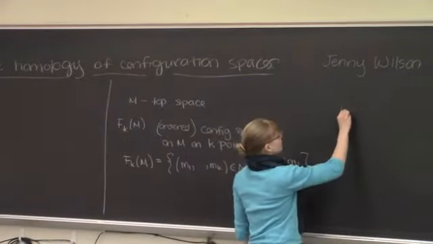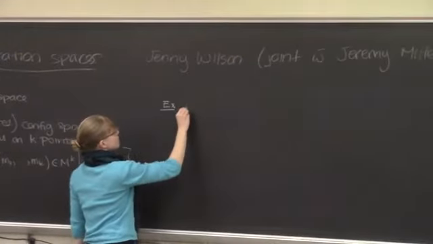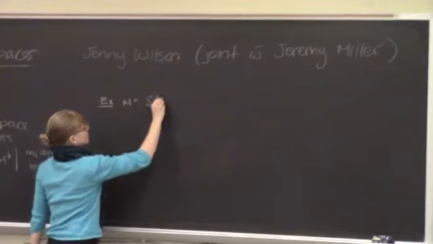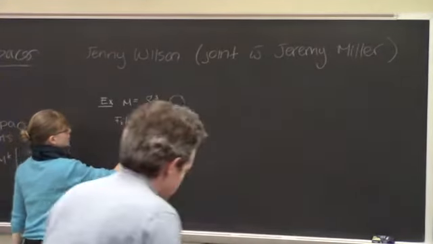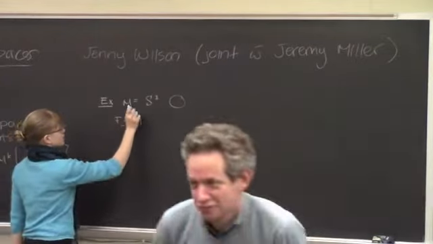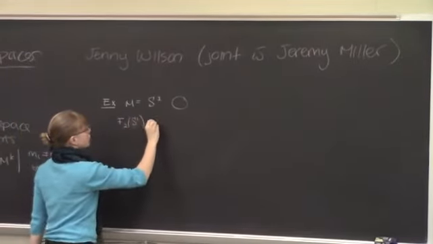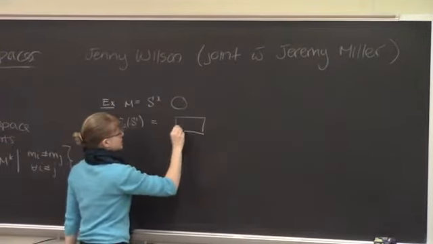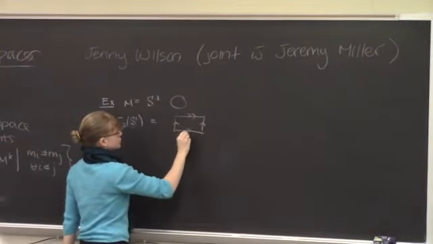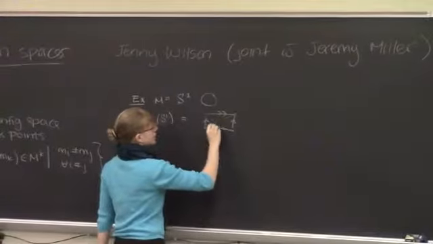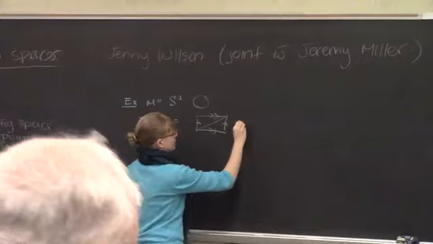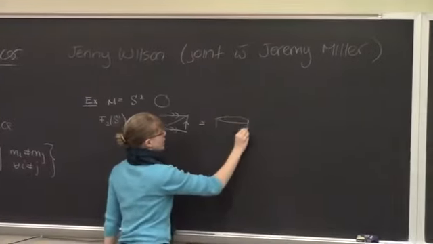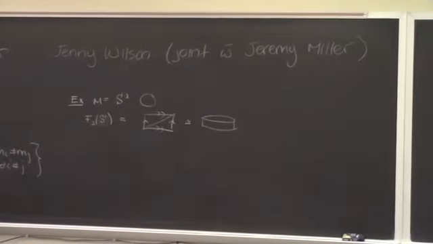So one of the most basic examples, if you take M to be a circle, then the ordered configuration space of the circle on 2 points, I can construct by taking a circle cross a circle, that's a torus, and then just deleting the diagonal. And so exercise, the resulting space is topologically an annulus. So here's one of the most basic examples.